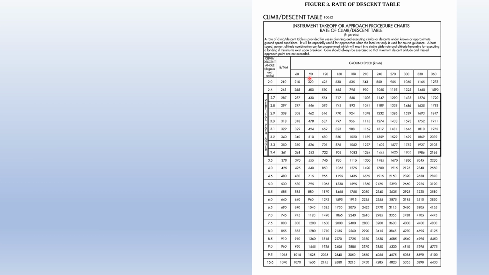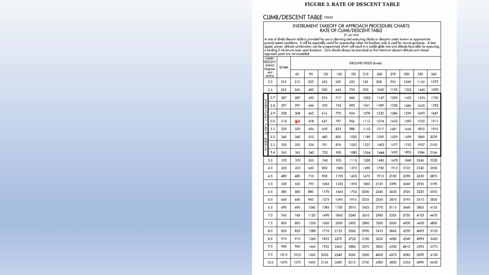For now, what we want to see is if we are at a certain ground speed, what rate of descent is it going to take to stay on this visual descent angle. So what we need to do here is we're flying at 70 knots, so we're going to have to take halfway between 60 and 90 knots, and then we're flying a 3.05 glide angle. So we want to take the average between 3 degrees and 3.1 degrees.